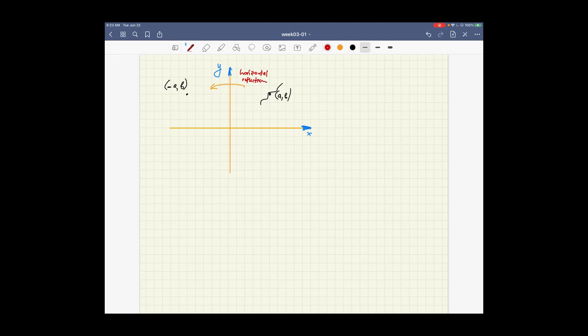But now say we perform a vertical reflection after that. That will result in a point negative a comma negative b.